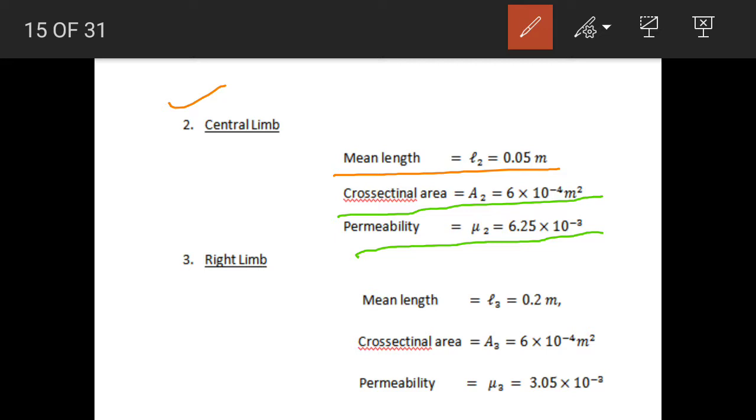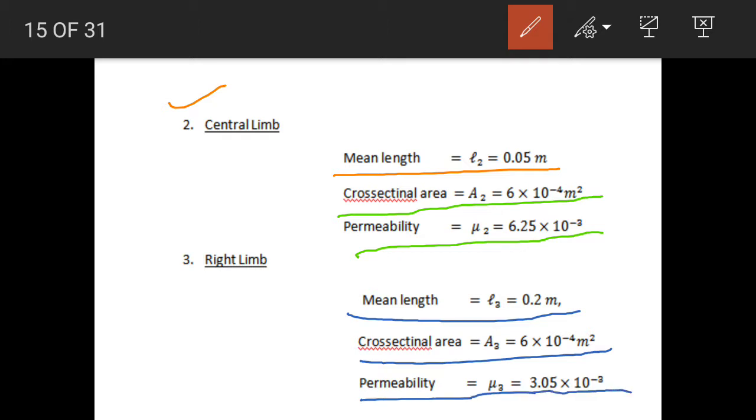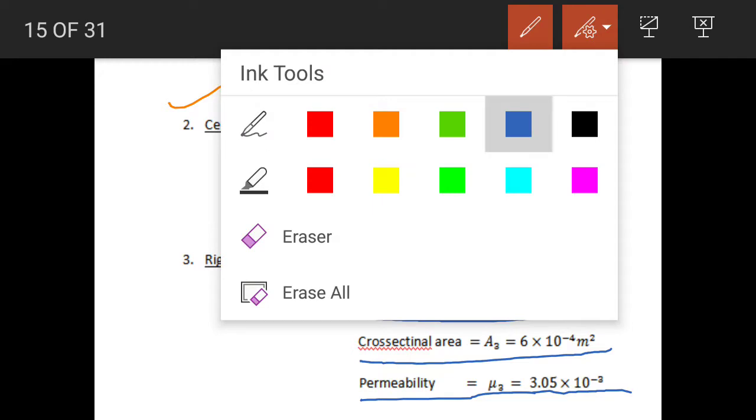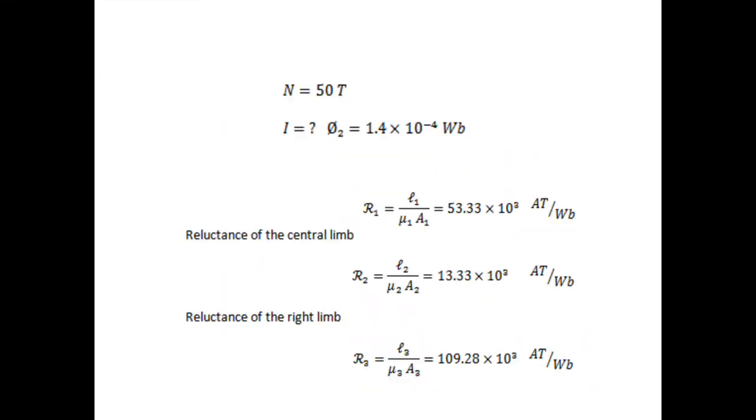We consider the characteristics of the right limb. The mean length of the right limb is 0.2 meter. The cross-sectional area is 6 into 10 raised to power minus 4 square meter, and the permeability of the right limb is 3.05 into 10 raised to power minus 2. Okay. So let us calculate the reluctance of the first material, the second material, and the third material.